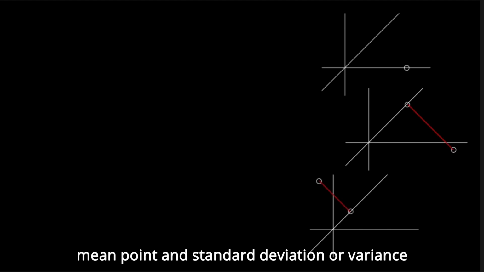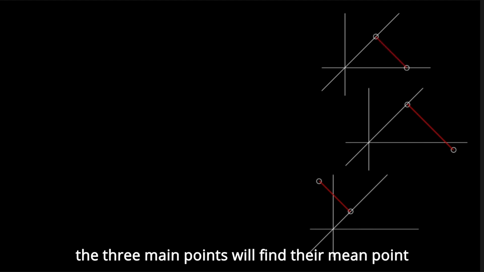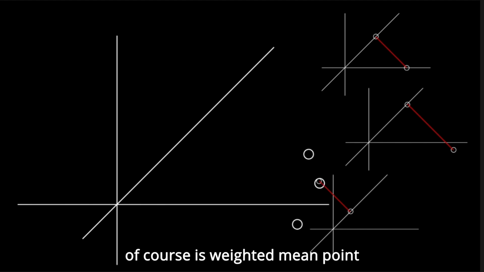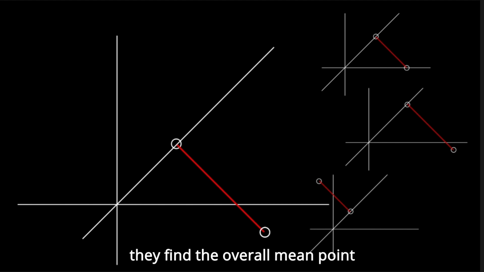Now let's visualize. We have 3 groups here. Each has its representing point, mean point, and standard deviation or variance. Now we go higher. The 3 mean points will find their mean point. Of course, it's a weighted mean point. Now, in the new space, they find the overall mean point.